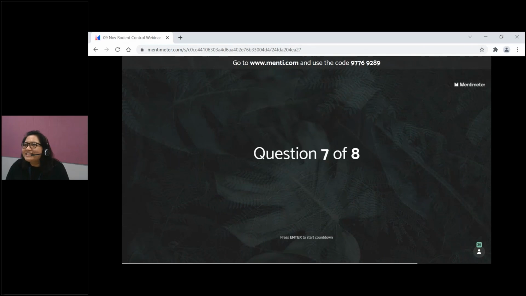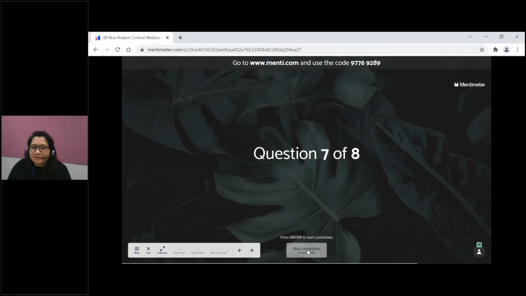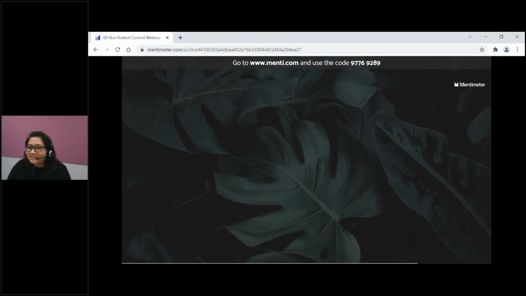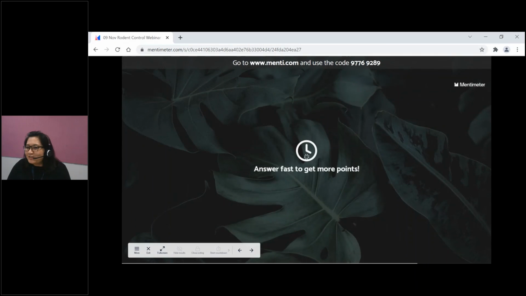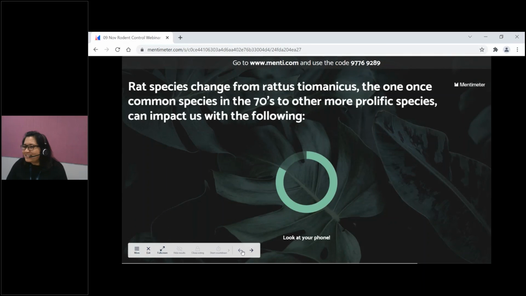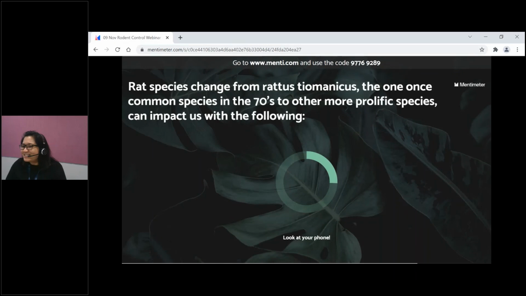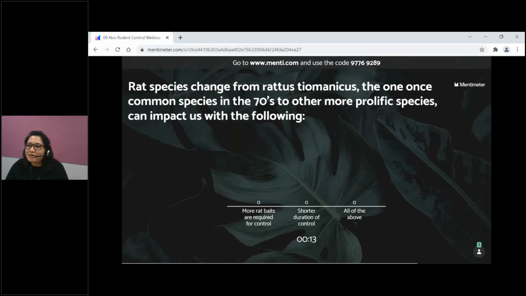Question number 7. You can do this. Rat species change from Rattus tiomanicus, the once common species in the 70s, to the more prolific species can impact us with the following.